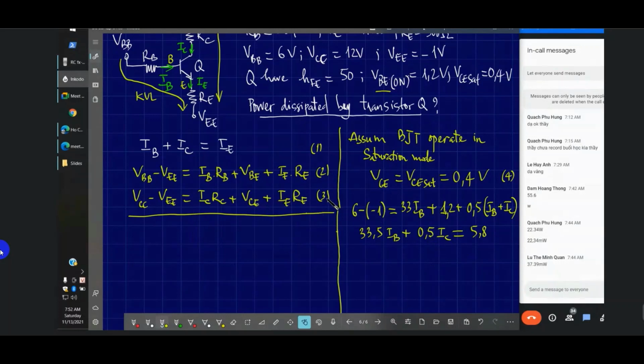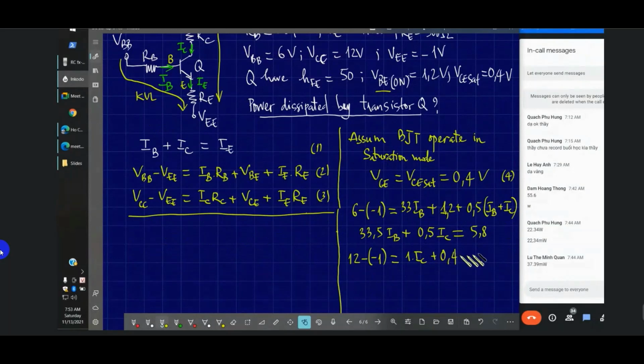And then from question number 4, we have VCC minus VE, right? VCC here is 12, minus VE, minus of minus 1, equal to IC RC. What is RC? RC is 1 kilo ohm, 1 kilo ohm IC. And then VCE is 0.4.